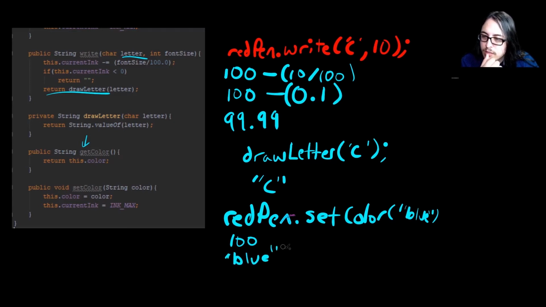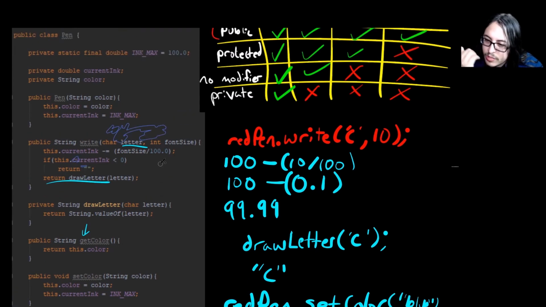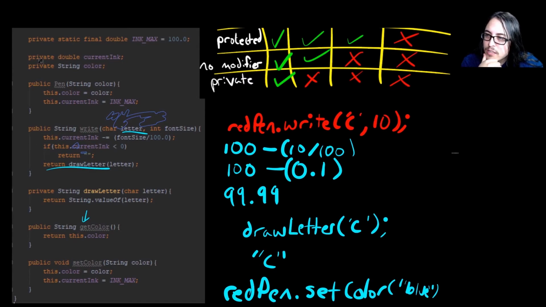So the reason you would want to use getters and setters is to hide the access of these member variables and only access them within protected channels. So you'll notice that there is no getter and setter for current ink. And the reason for that is we do all of the modifications to current ink within the class.